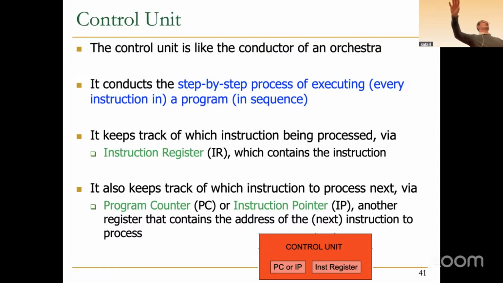Once the current instruction finishes processing, you fetch the next instruction from the incremented program counter, put it into the instruction register, process that instruction, and increment the program counter. You keep incrementing the program counter so that you can go to the next instruction in a sequential manner.